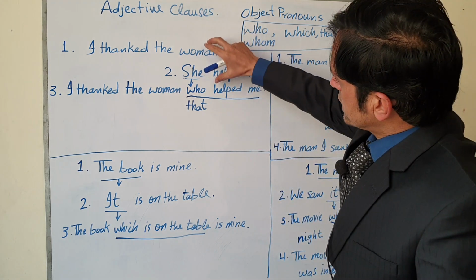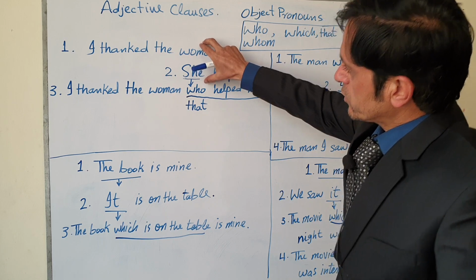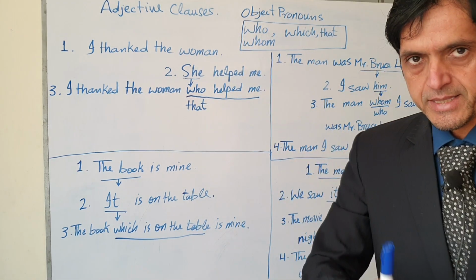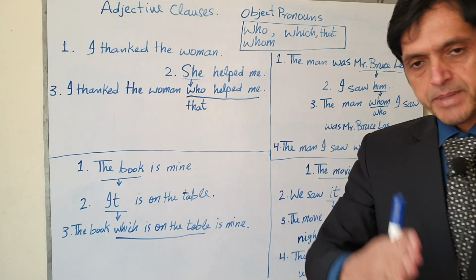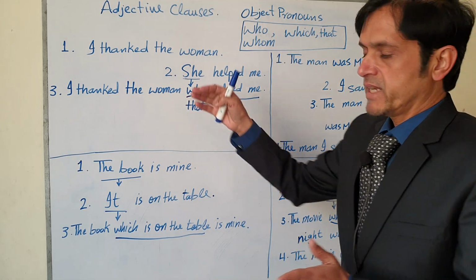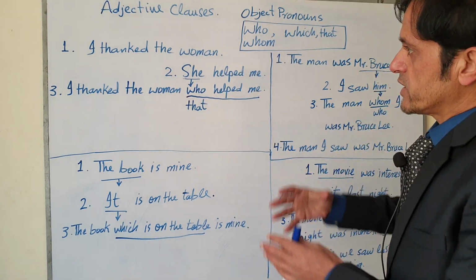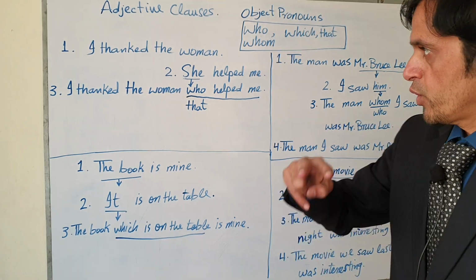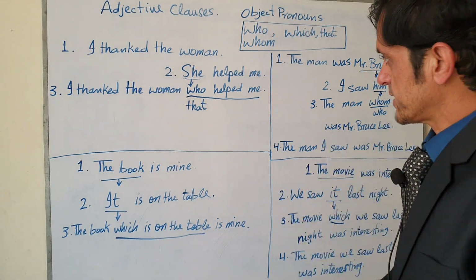Now I want to put these two independent clauses in one structure, and that will become a complex sentence, because a complex sentence includes one dependent clause and one independent clause. So we can make a complex sentence from two independent clauses.